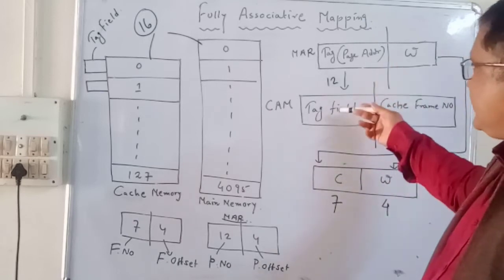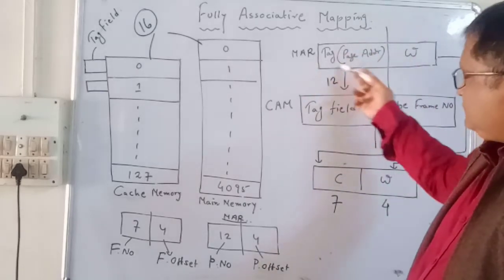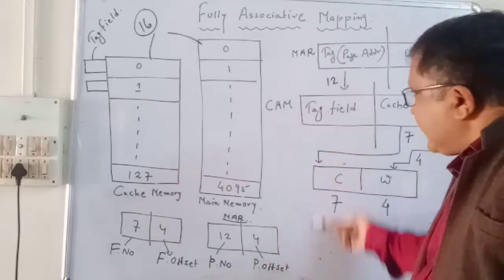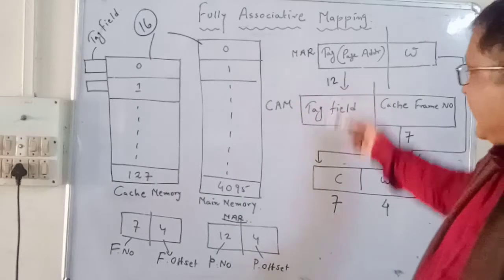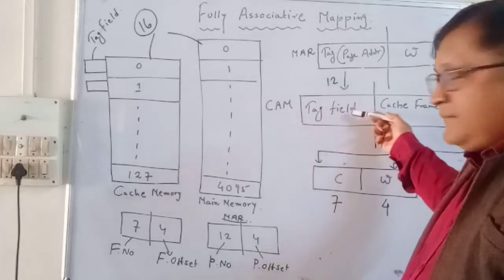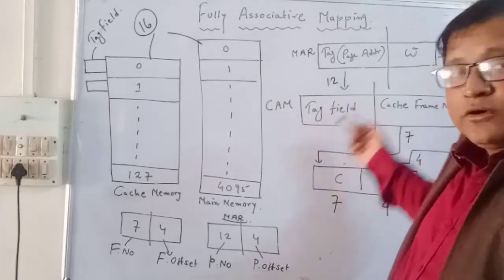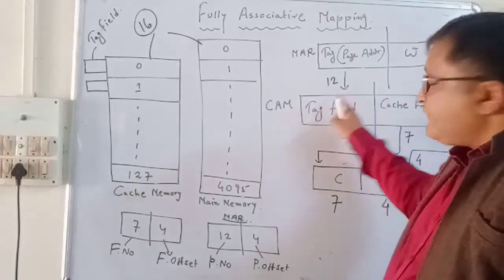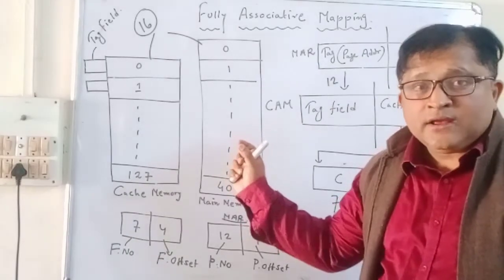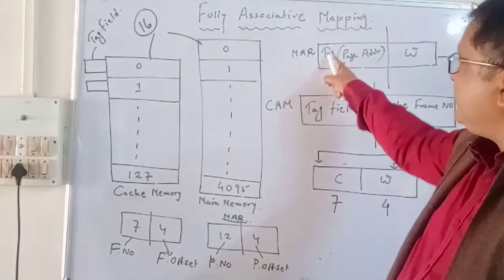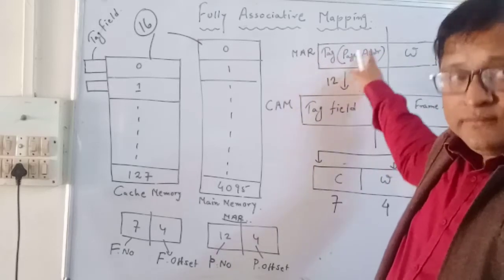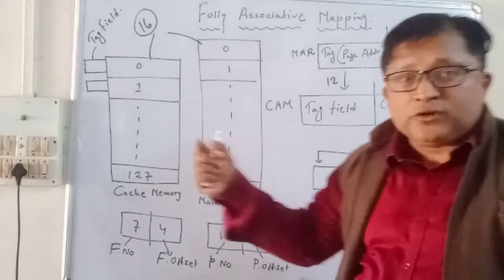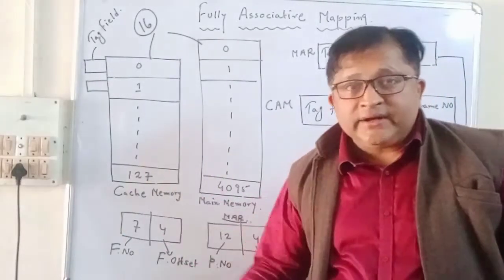So whenever we are searching, the page number of the main memory is compared with all the tag fields. All the tag fields containing the page number are in the CAM, or content addressable memory, or we can say associative memory, and all the tag fields are associated with comparator circuits. All the comparators are connected with this page number field of the main memory, and all the output lines of the comparators are connected with the OR gate.